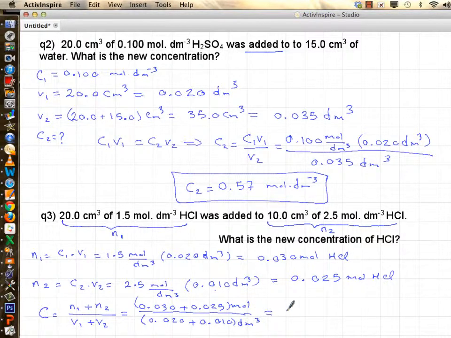When you do this division, you will get 1.83 mole per decimeter cube. So this is your new concentration. This last question was really not dilution, it was just adding two solutions of the same sort of chemical, HCl and HCl, and there is a new concentration, and sometimes we need to be able to solve problems like this.